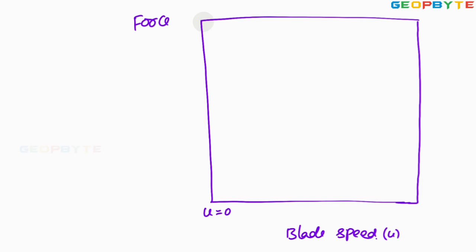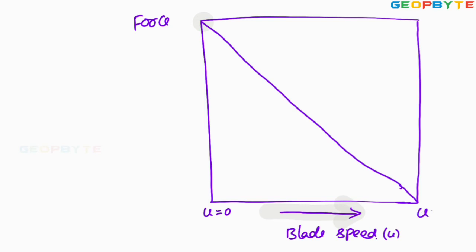As the speed of the blade increases, the force acting on the blade keeps on decreasing. Finally, the force acting on the blade becomes 0 when the blade speed equals steam velocity v1. Here u equal to blade speed, v1 equal to steam entering velocity.